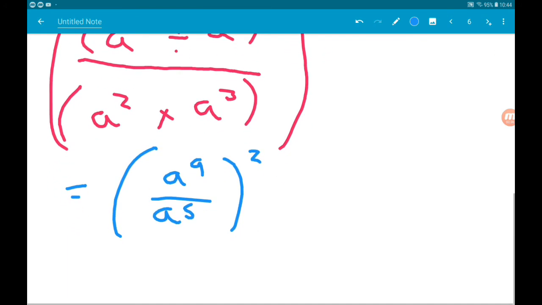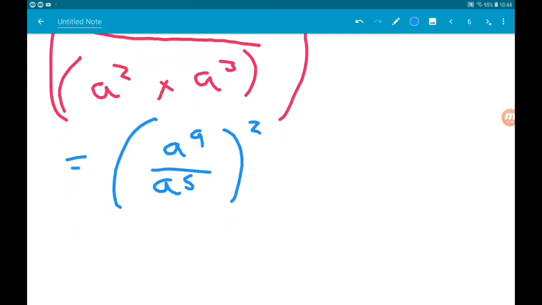Now, again, do the stuff inside the brackets. So do the division. So this is a to the 9 divided by a to the 5 is a to the 4. Now that is to the power 2. So that's a to the power 8.